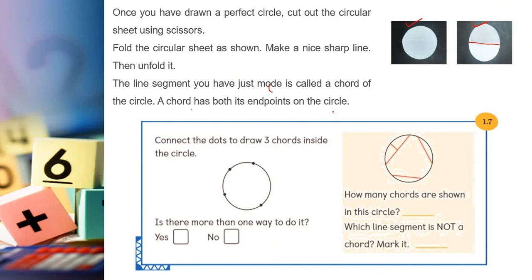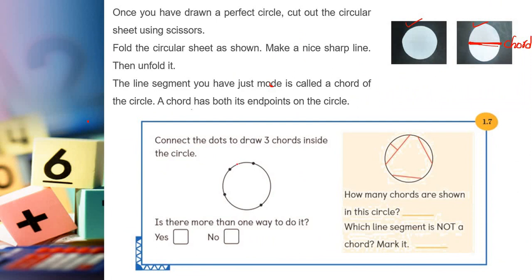A chord has both its endpoints on the circle. This is the chord of the circle.